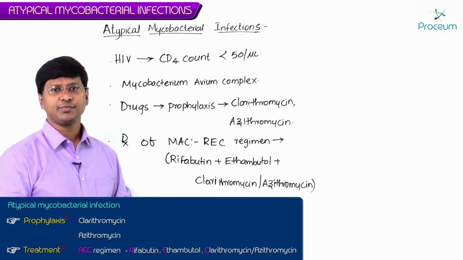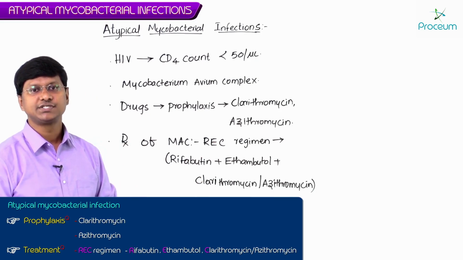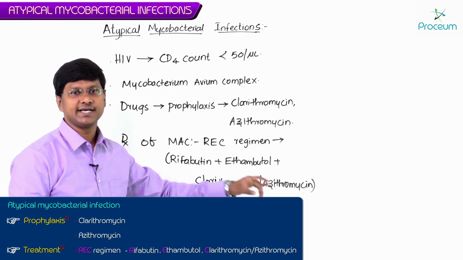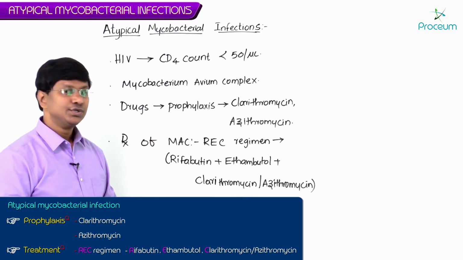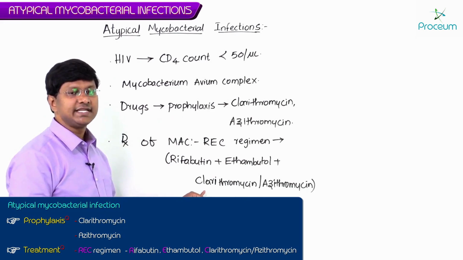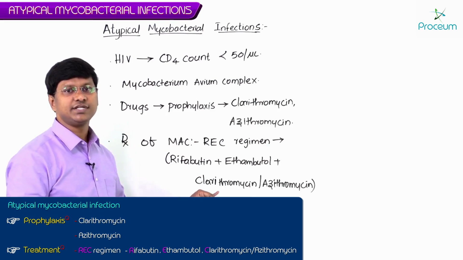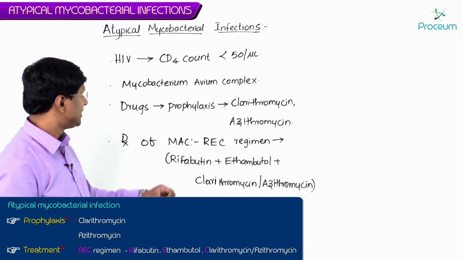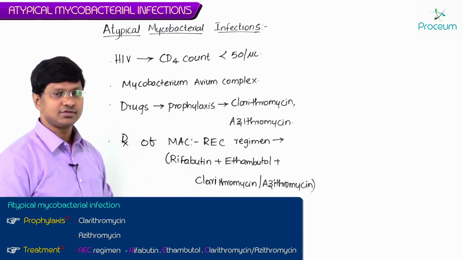Now, another important point: due to its long half-life, azithromycin can be used as a once weekly dose, whereas clarithromycin does not have a long half-life, so it is used once daily for the prophylaxis of MAC. For prophylaxis of MAC, we use either clarithromycin or azithromycin.